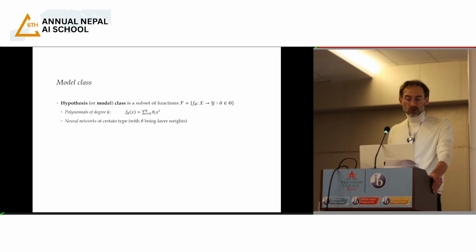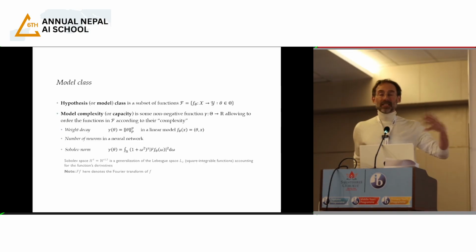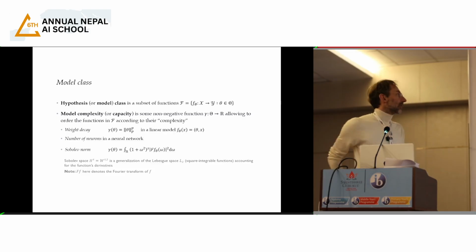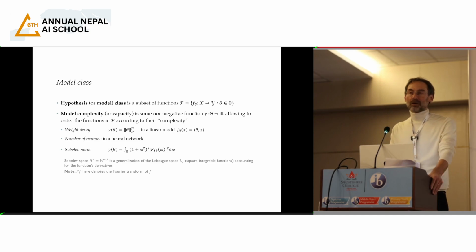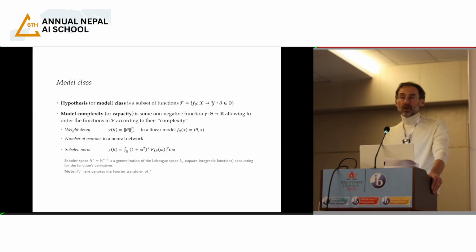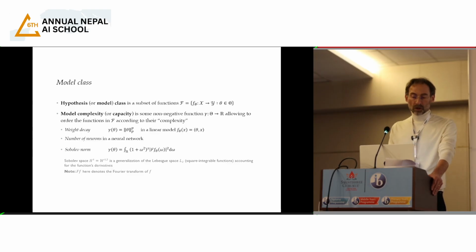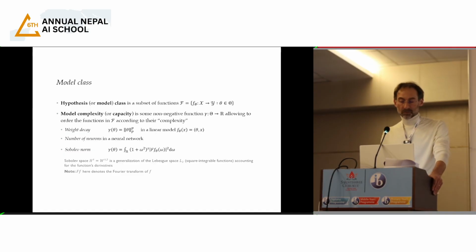And we can also judge the complexity of the model, or sometimes it's called the capacity. I can measure it by associating some number, let's call it gamma, with the parameter space. So I can, for example, measure it as the norm of the weights, or I can maybe measure it as the number of neurons in a neural network, or maybe I can use some Sobolev norm, which is something that mathematicians like to use, basically how fast the coefficients decay.